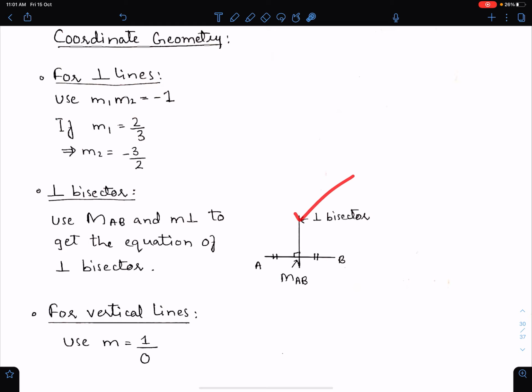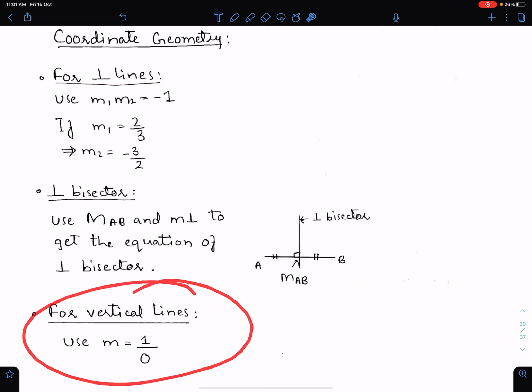And how to get the equation of this bisector? This is very simple. First get the midpoint of AB, because this midpoint is the common point of these 2 lines, and then find the gradient of AB, and then take its inverse reciprocal to get the gradient of the bisector.